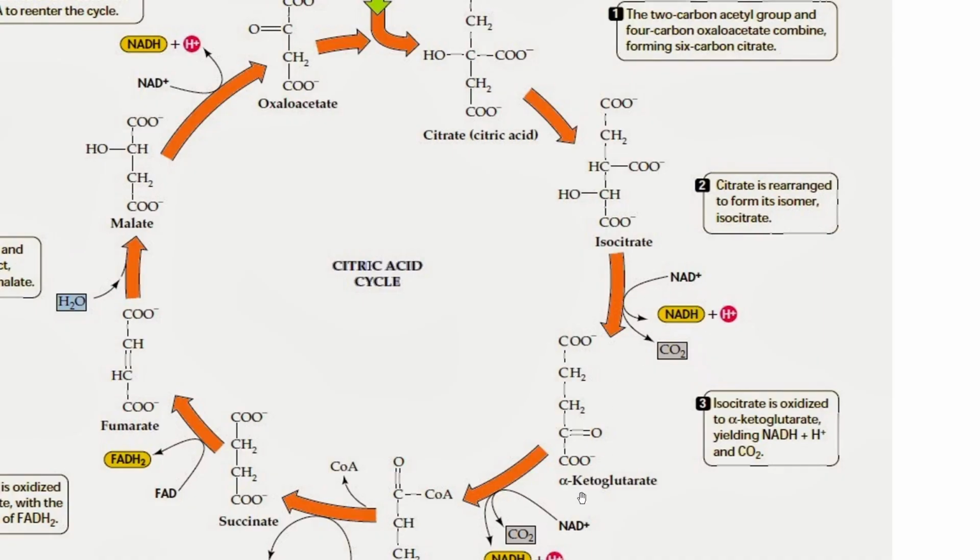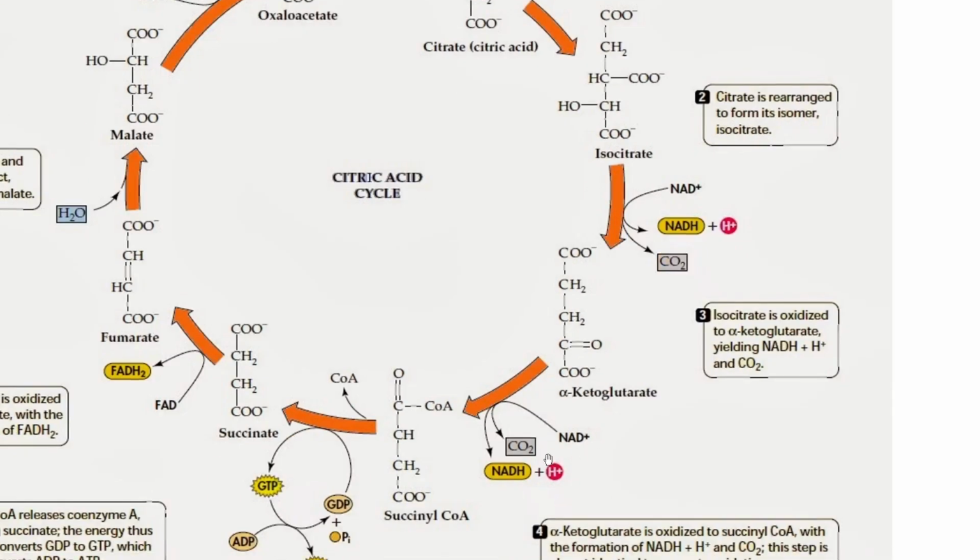Okay, and then this 5-carbon alpha ketoglutarate forms succinyl coenzyme A, which is a 4-carbon moiety, and this conversion also yields one molecule of CO2 and one molecule of NADH.